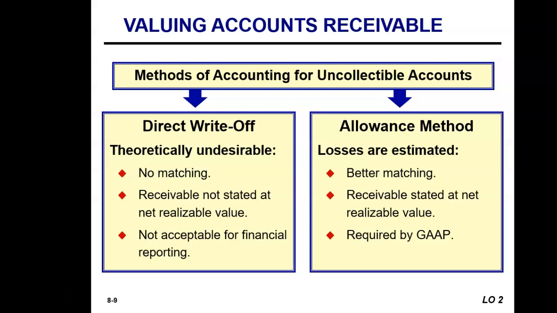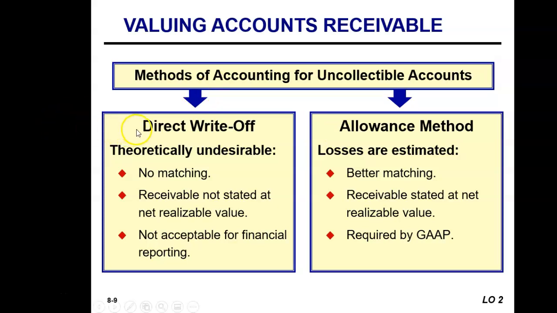So when we talk about receivables, we understand that there's a risk that not all of our clients are going to pay us the full amount that they owe us. So we have to account for those amounts that we expect to become uncollectible. There are two approaches. One is called the direct write-off method. The other is known as the allowance method, and we'll go through both.